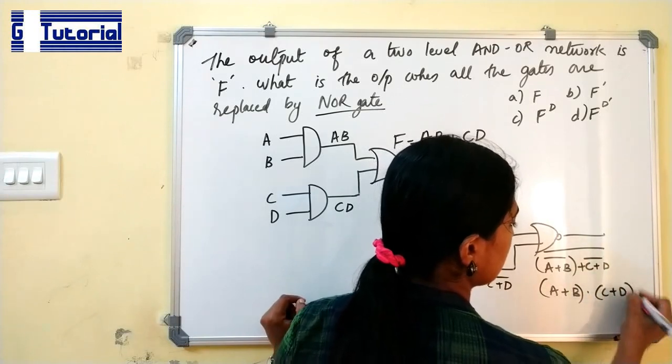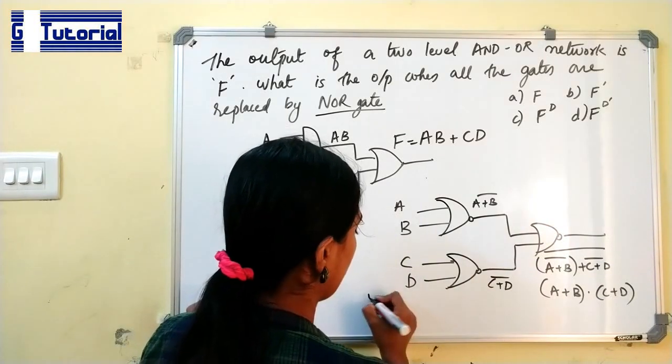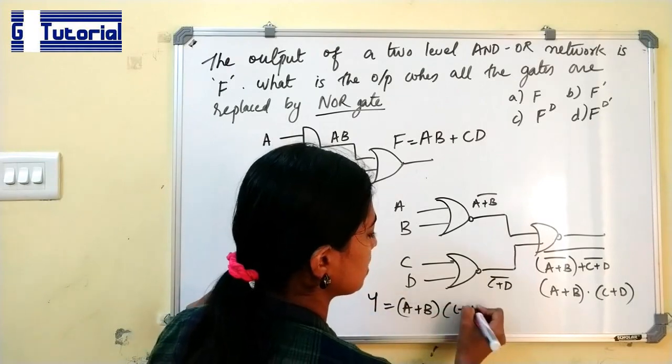C plus D. So the output we have obtained here is (A plus B) into (C plus D).